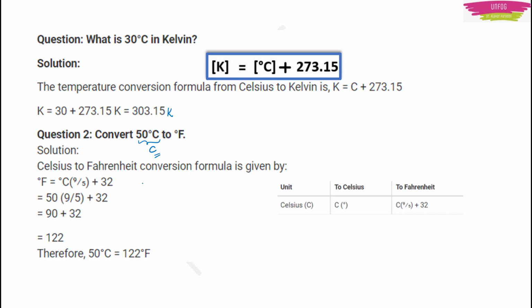This 50 into 9 by 5 plus 32. Here 5 will get cancelled. With 50 you get 10. 10 into 9 will become 90. 90 plus 32 will be 122. This 122 degree Fahrenheit is the answer you are getting. So you have to remember that degree Fahrenheit is equal to degree centigrade into 9 by 5 plus 32.